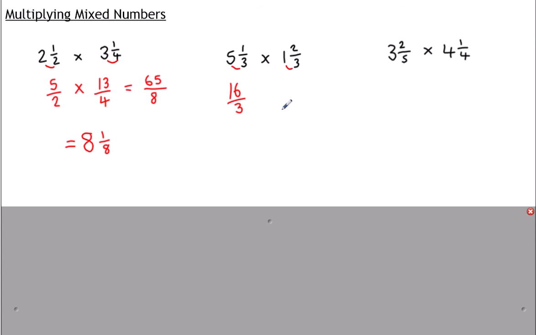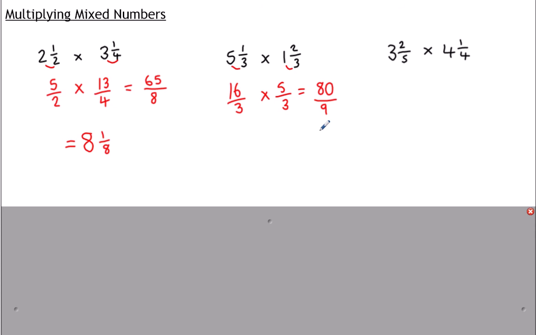And then 1 times 3 and the 2 on top makes 5 over 3. When we times them, 16 times 5 is 80, and 3 times 3 is 9. Again, there isn't a simplification for that. There's nothing that goes into 80 and 9.